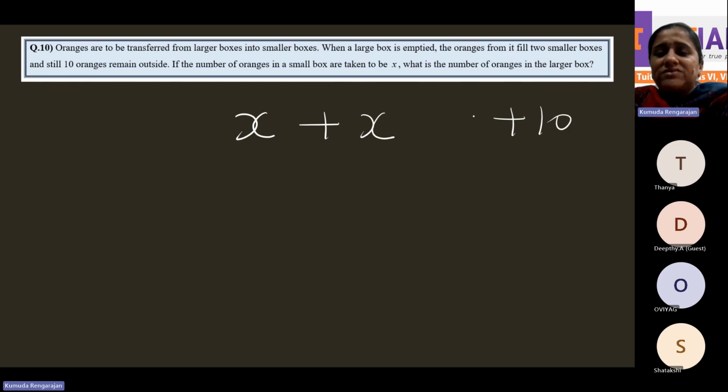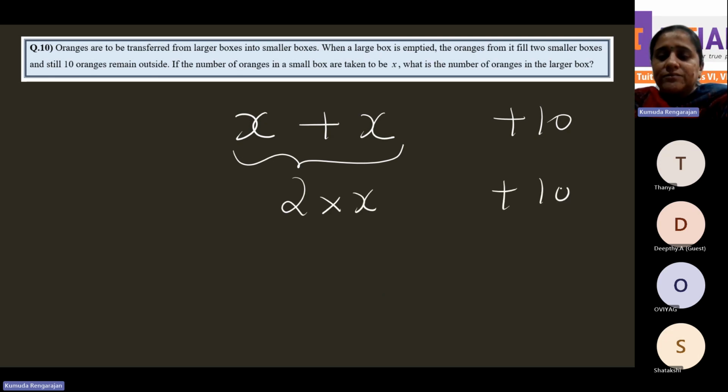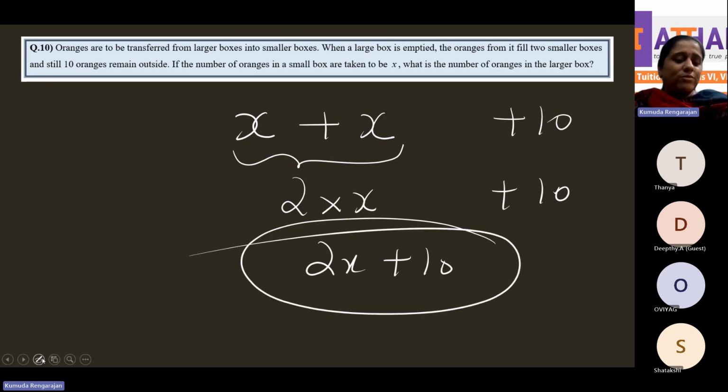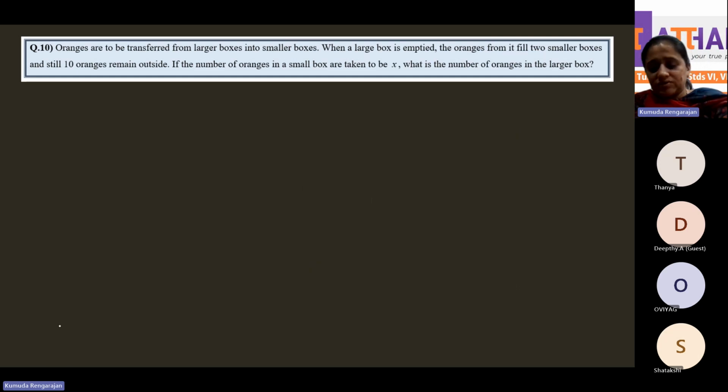So 2 into X is 2X, 2X plus 10. This is the expression that represents the number of oranges in the large box.